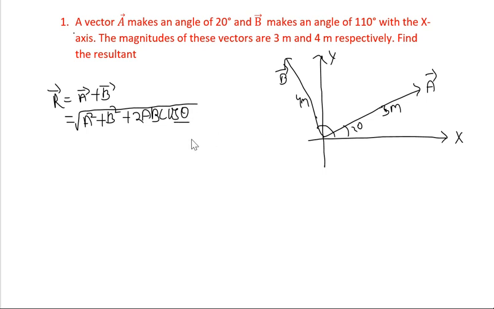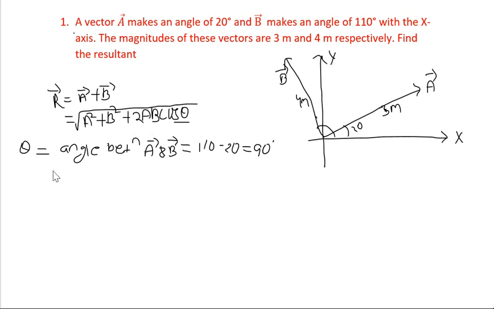What is theta? Theta is the angle between vector A and vector B, which is 110 minus 20, that is 90 degrees. So just put in all the values.